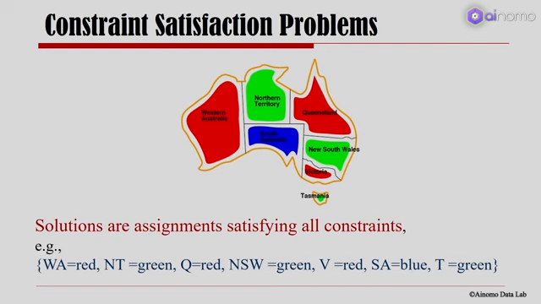Now depending on the types of variables, we could have varieties of constraint satisfaction problems. The most common of them are the ones with discrete variables. So they have finite domains. The Boolean CSPs, including the Boolean satisfiability problems, are of this nature.